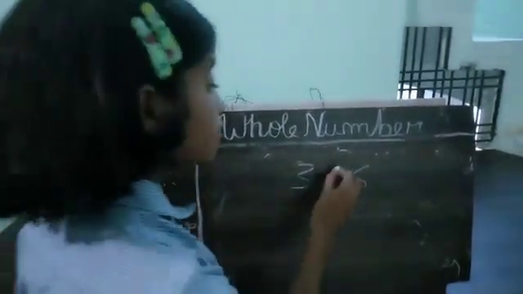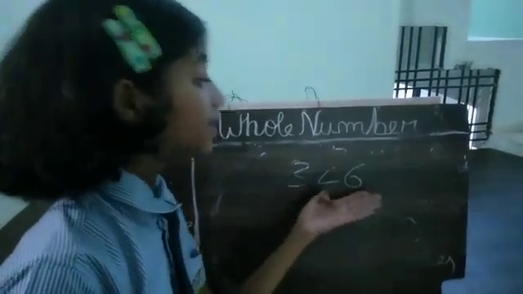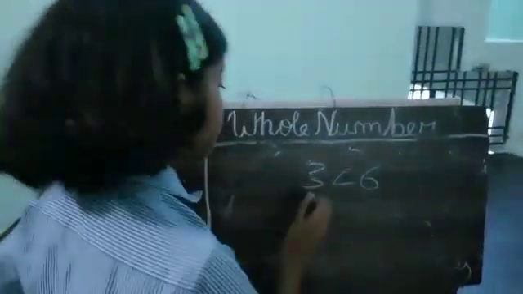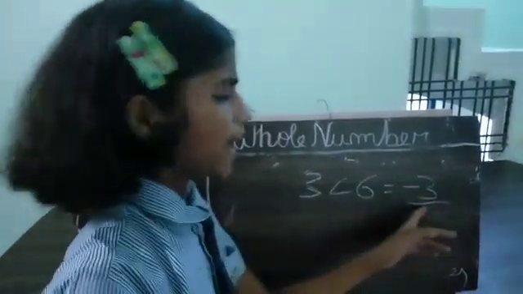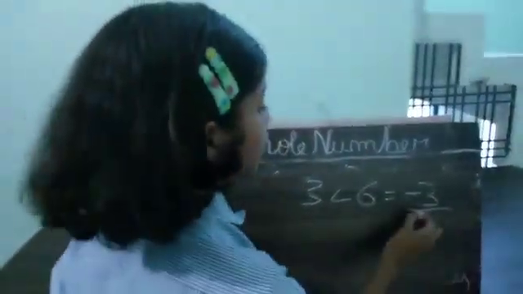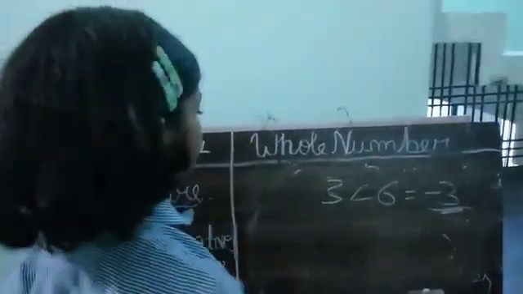But if the value of b, 6, is greater than the value of a, 3, the answer is not a whole number. Minus 3 is not a whole number because it is an integer. This is our first property of subtraction.